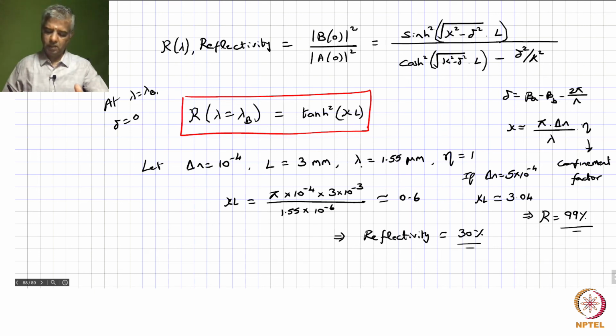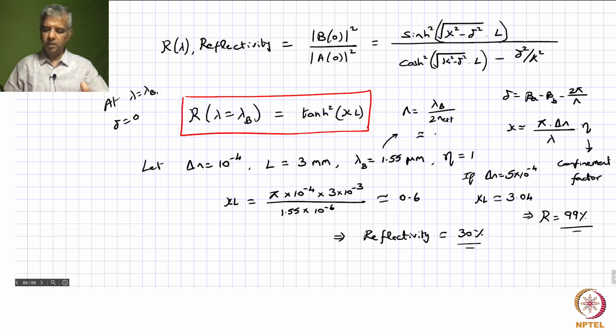So this is basically the Bragg wavelength that you're trying to achieve, 1.55 micron, and the corresponding period would be lambda B over 2 times n effective. So, if you do the math, this 1.55 micron divided by 2 into n effective, let's say approximately 1.5, so that factor in the denominator becomes 3.